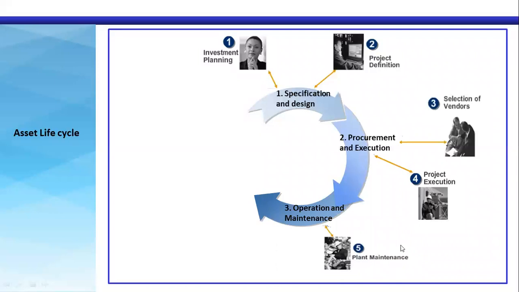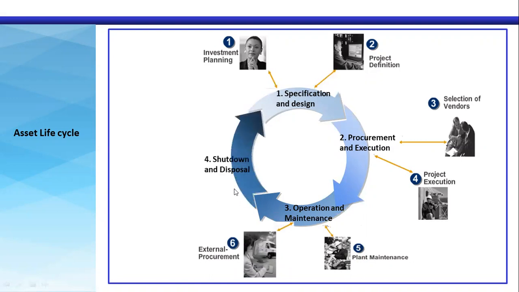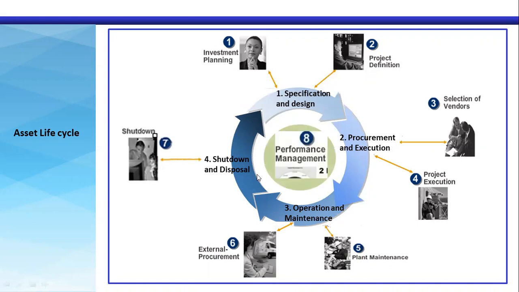Here our plant maintenance module comes into the picture. Then the external procurement, shutdown and disposal, and finally performance management. This course will deal with plant maintenance, external procurement, and shutdown processes. We will see these three processes in detail during this entire training course.